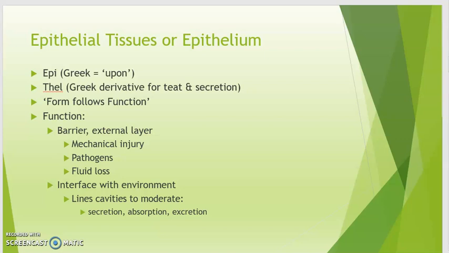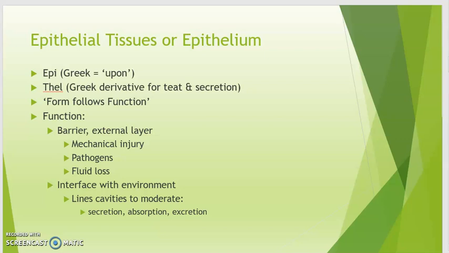And the Greek word for nipple was thele, and that was associated, obviously, with secretion, so you can think about epithelial tissue as being a sheet that lays upon an organ that is probably involved with secretion. Again, form follows function.